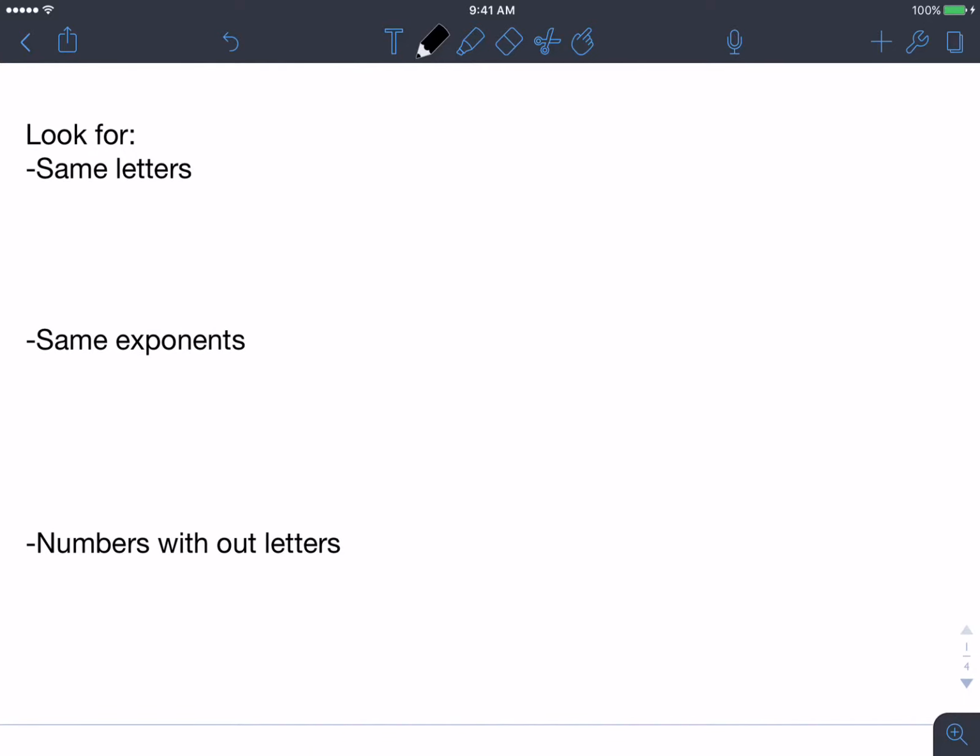Now, when we're adding like terms, some things that I want you to think about are looking for same letters, looking for same exponents, and looking for numbers without letters. When we're talking about same letters, we are looking at an example like this.